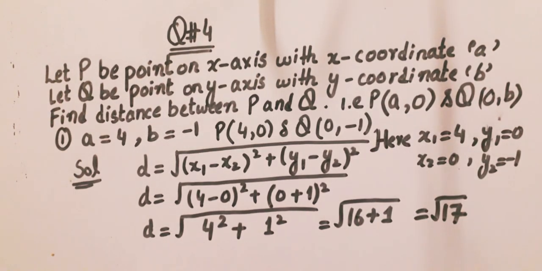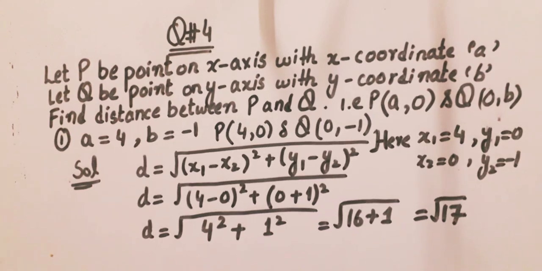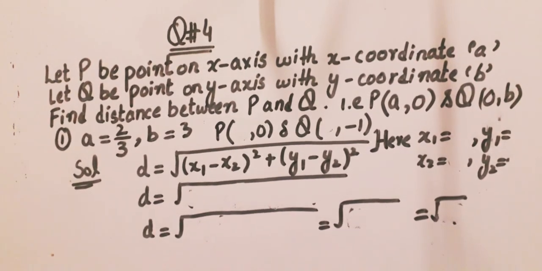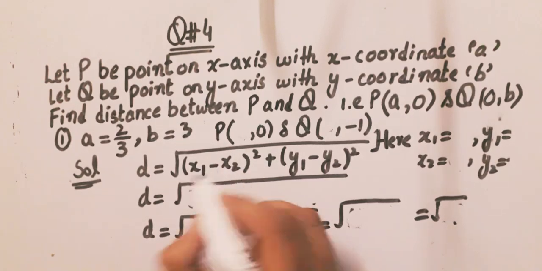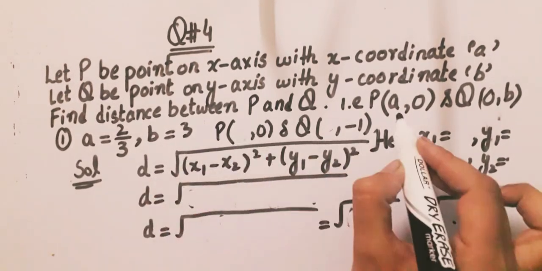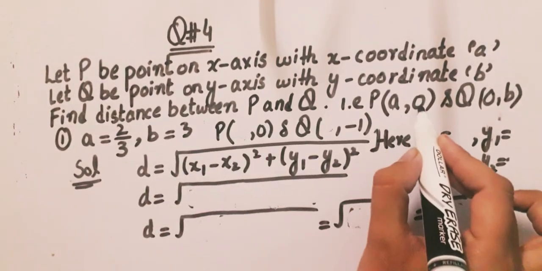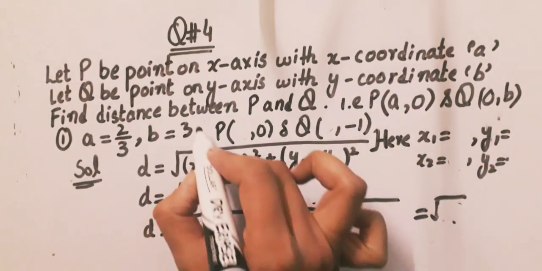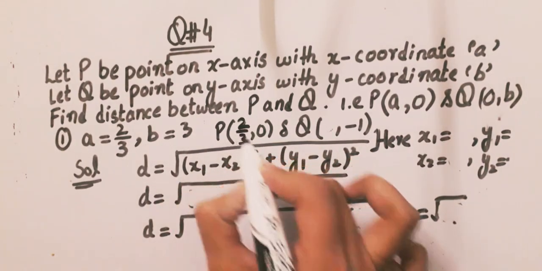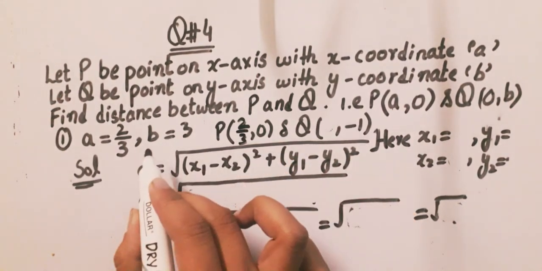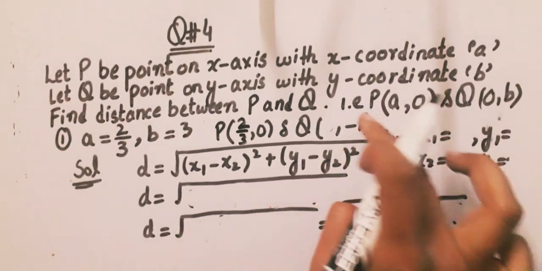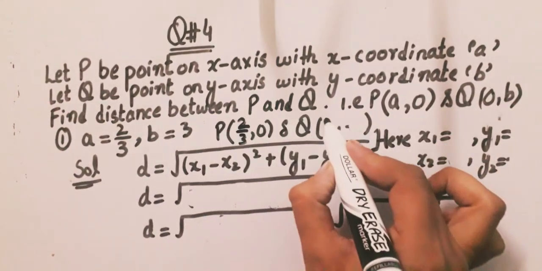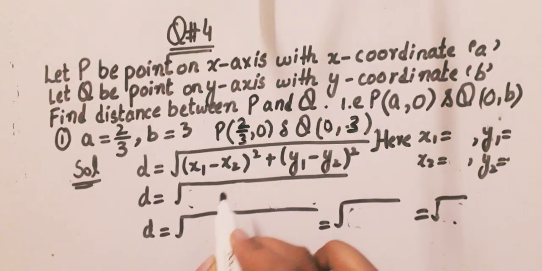Now in the second part, A is equal to 2 by 3 and B is equal to 3. So point P has coordinates A and 0. So value of A is 2 by 3 and point Q has coordinates 0 and B. So value of Q will be 0 and 3.